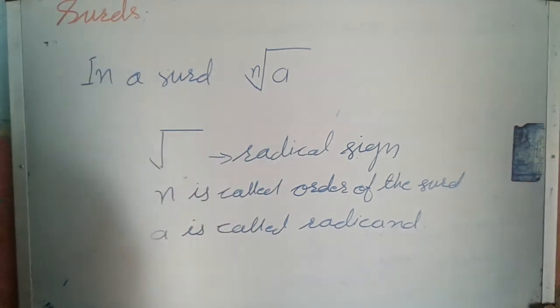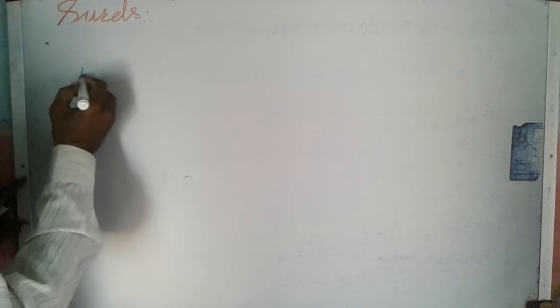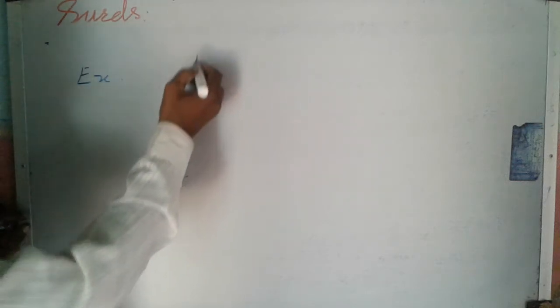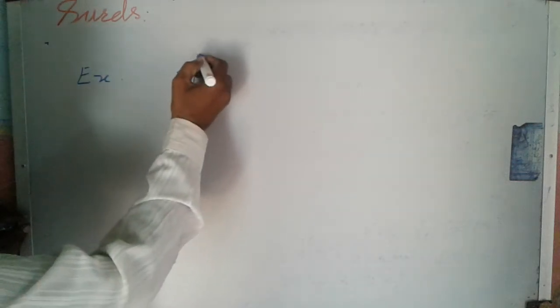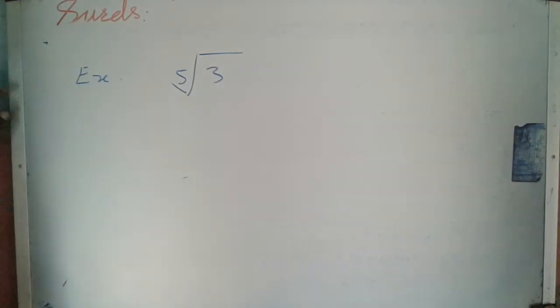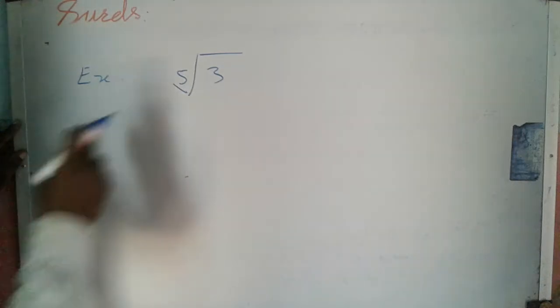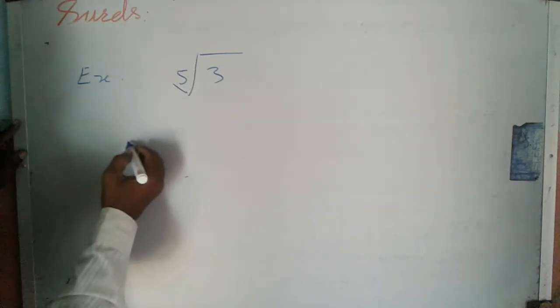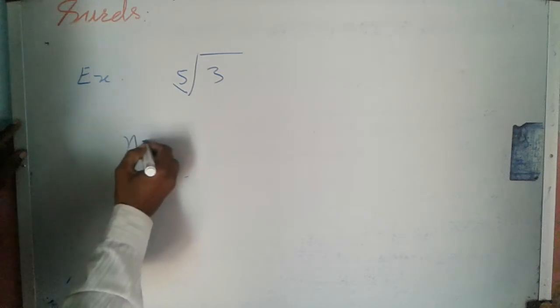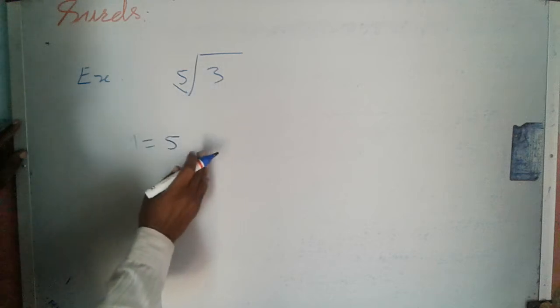For example, see here, the fifth root of 3. This is an irrational root. Now in this, n is equal to 5. That means the order of the surd is 5.